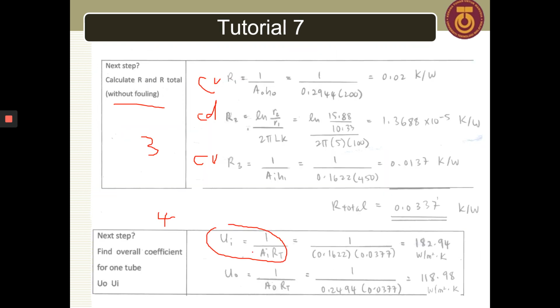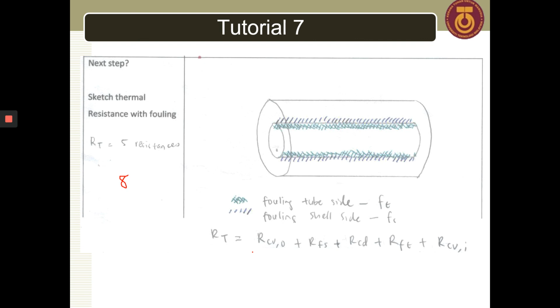So let's have a look. Now the total resistance should be 5. This is one tube. If I divide it into half, here you have resistance 1, which is due to convection at the shell side.